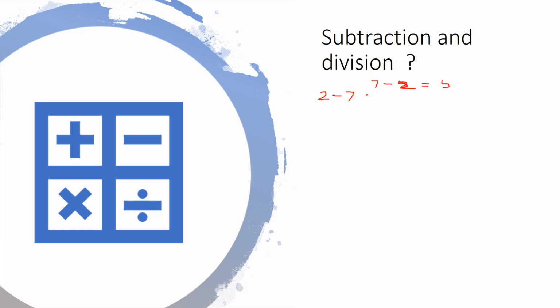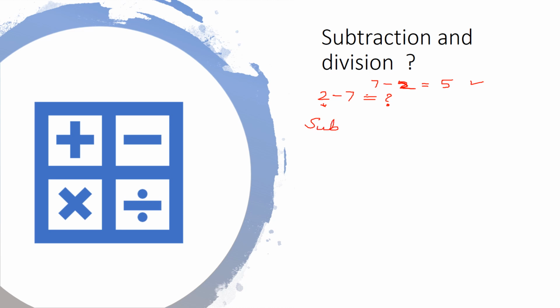Then you get 5. Now 2 minus 7: you have only 2 toffees and you have to give 7 toffees to your brother. Is that possible? No, it is not possible. So what about subtraction? Any way you write, is the answer going to be the same? No. So subtraction is not commutative.